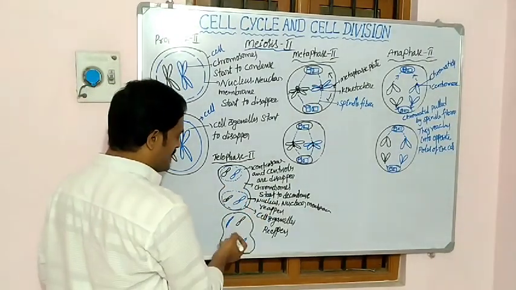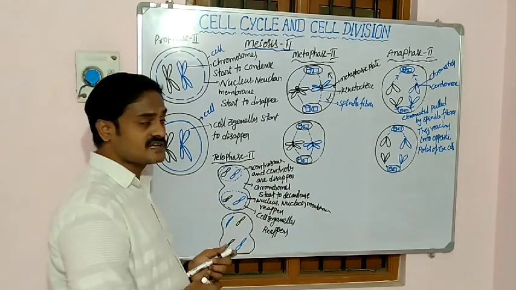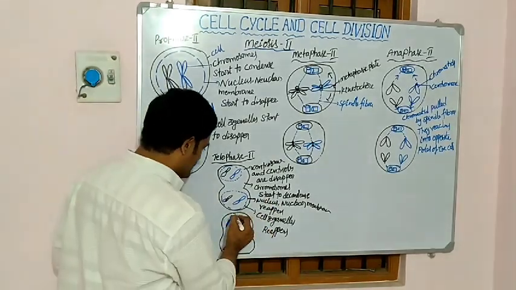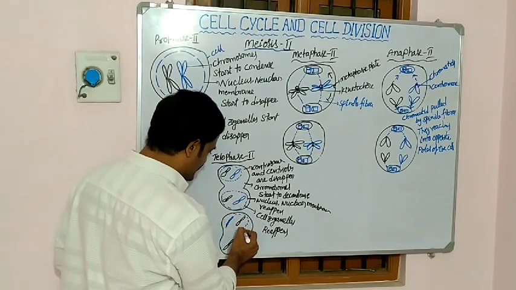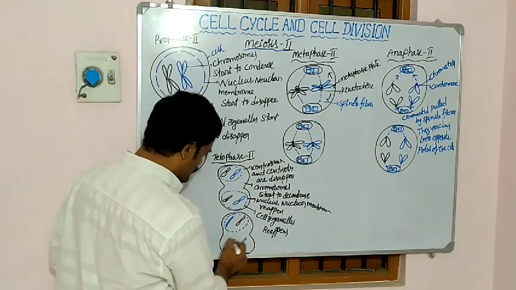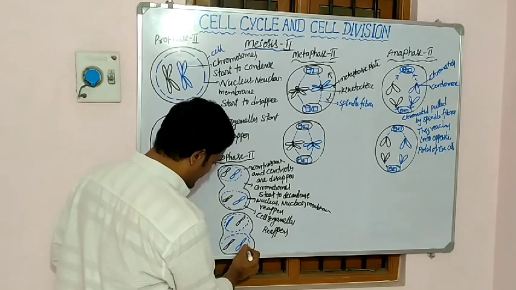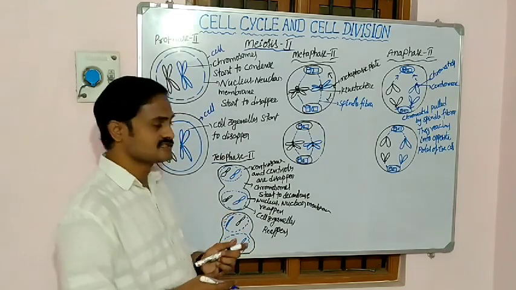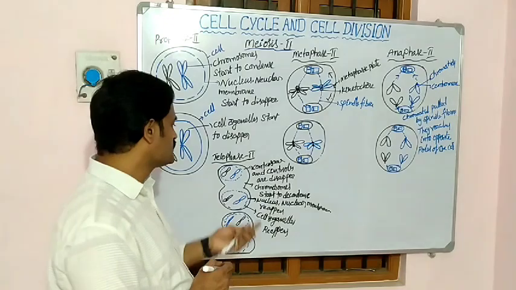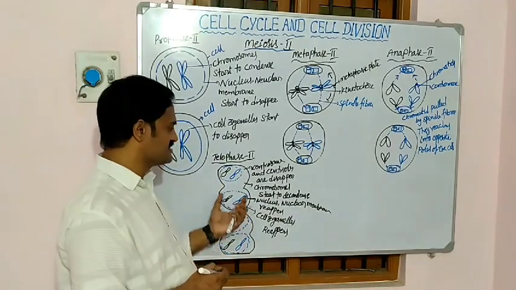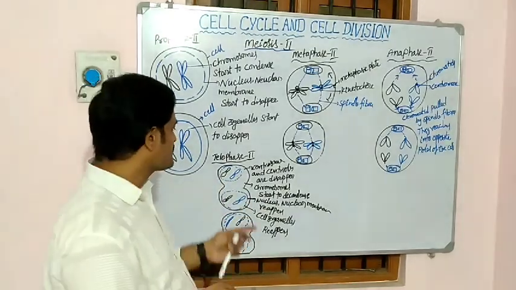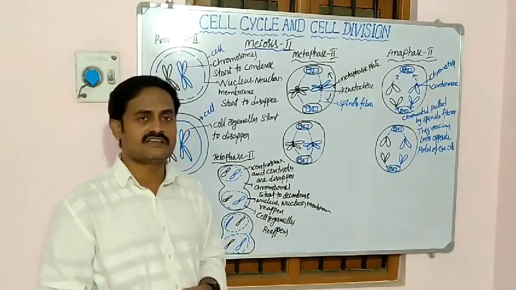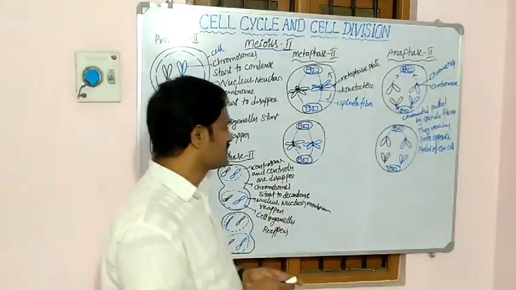Then the chromosomes start to decondense. Next the nucleus and nuclear membrane reappear, and cell organelles also reappear. So in both cells the same kind of changes occur. After completion of the telophase, these two cells are involved in one important process.